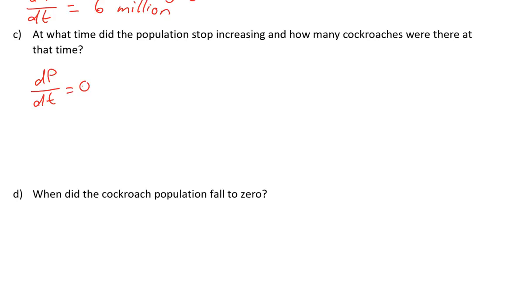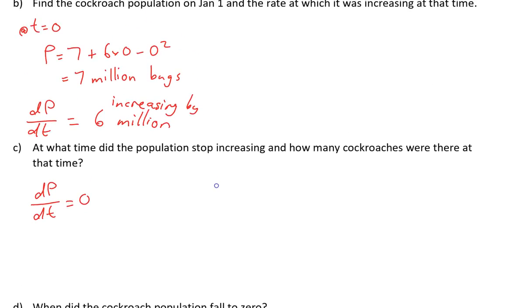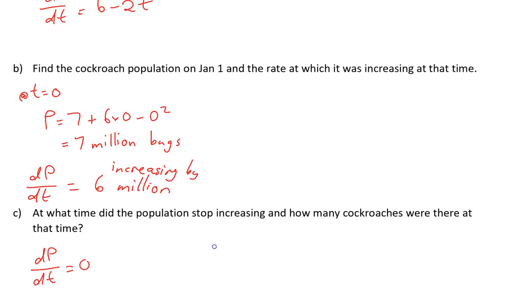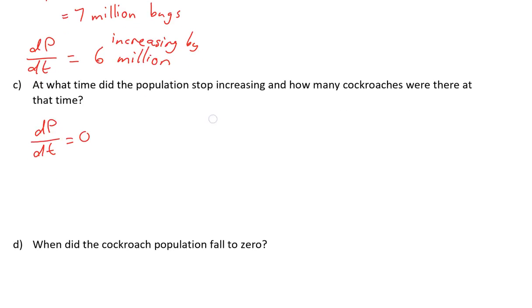When did that occur? Well, dP by dt equals 0, and it's also equal to 6 minus 2t. Therefore, t is equal to 3, which is the 1st of April. April Fools. That is when the population stops increasing.